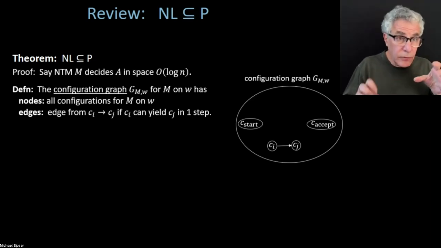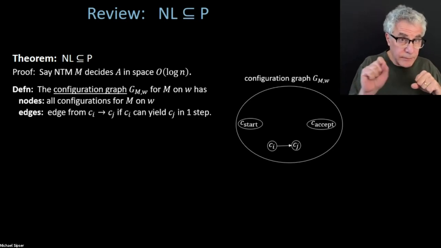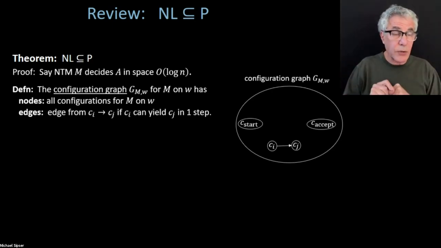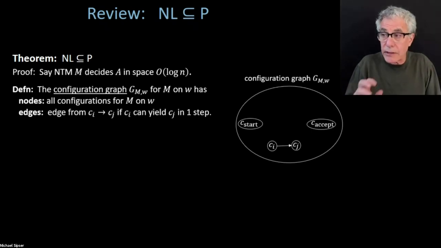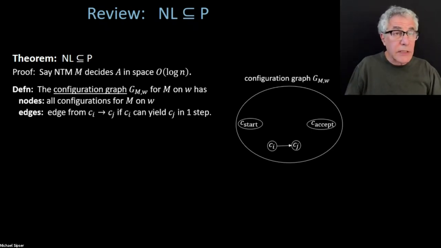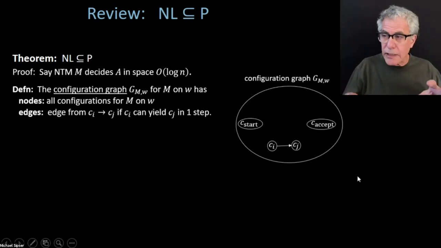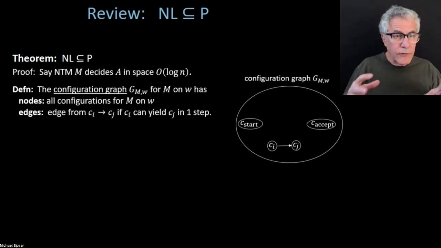And the key idea, which is going to come up in a later theorem, so it's good to understand it not only here but for the next theorem that's coming, is the notion of a configuration graph. I was thinking about calling it a computation graph, but on further reflection, I think configuration graph is the more suggestive term.